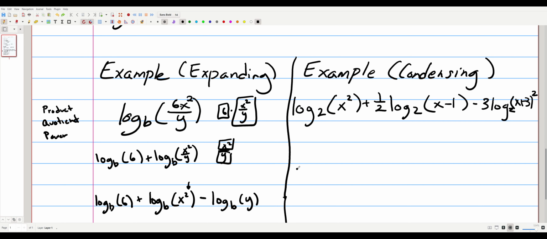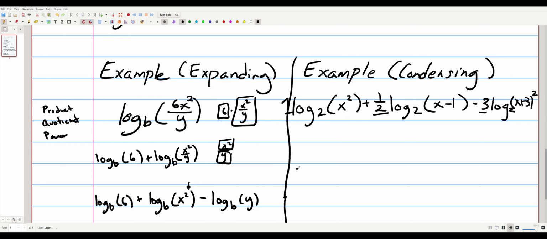And so we have all the same bases, but what we don't have is the coefficients out in front of the logs being the same, right? The coefficient of this log is 1, the coefficient of this log is 1/2, and the coefficient of this log is 3. So the first thing we're going to do is apply the power rule to move these coefficients up to the power of the argument, so we don't have to worry about the coefficients being different.